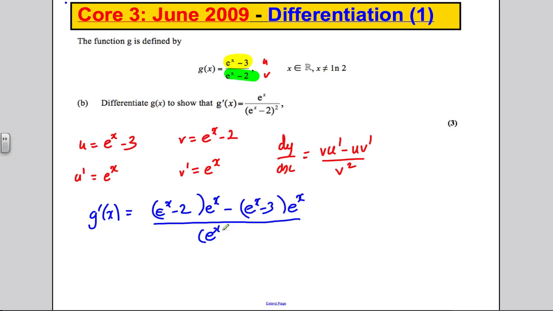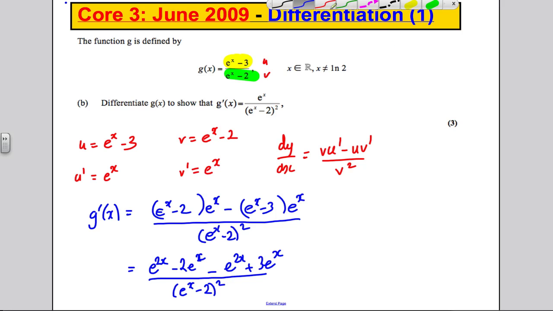And let's see if we can times this out. E to the x times e to the x is e to the 2x, subtract 2e to the x, minus e to the 2x plus 3e to the x, all over e to the x subtract 2 squared.